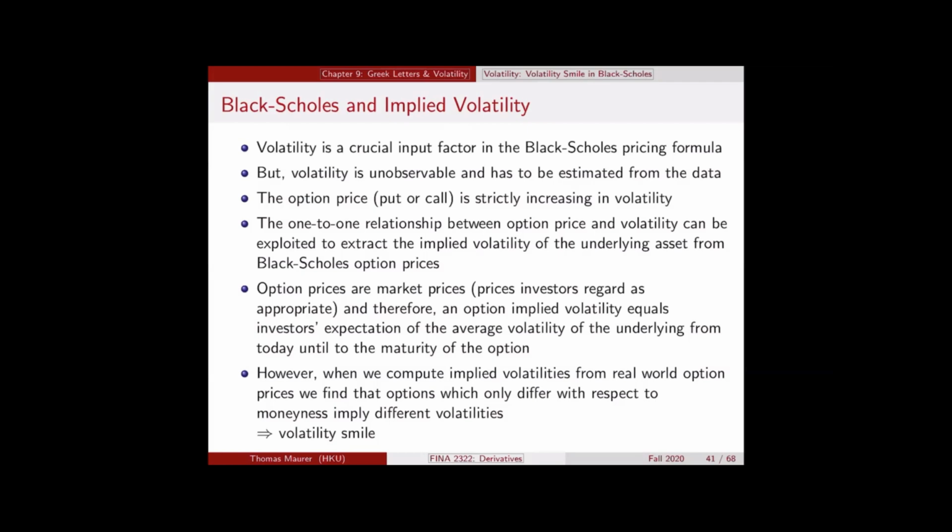This one-to-one relationship between option price and volatility can now be used to basically back out from market prices. So from the actual observed traded prices of put and call options, we can back out what the market believes should be the volatility of that underlying asset. What's the rationale here?